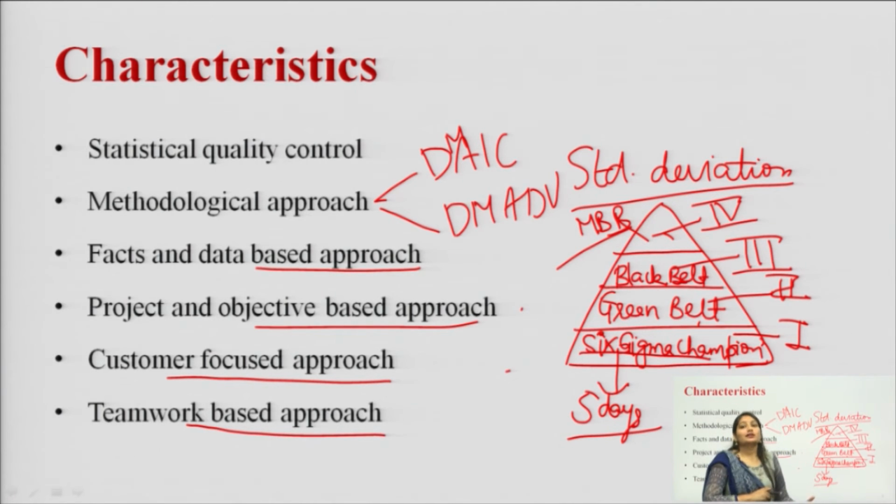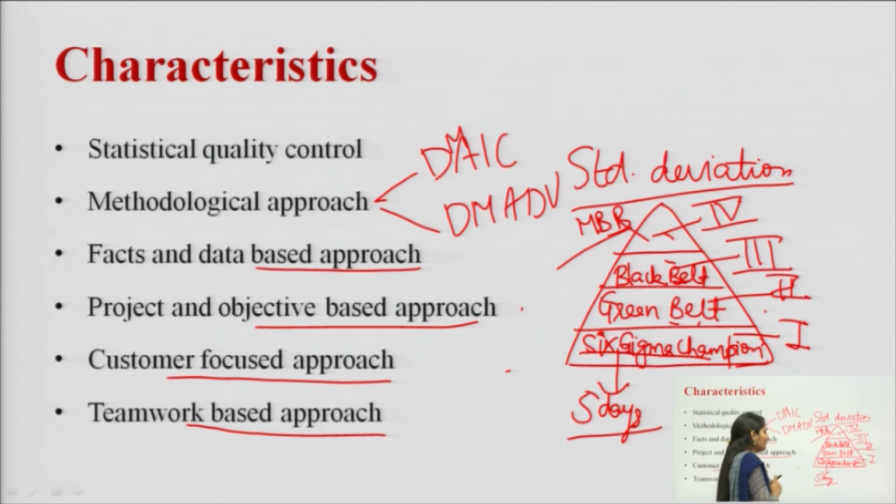So, the Six Sigma concept is a teamwork based approach. A number of personnel work in the team in the Six Sigma approach, and there are 4 levels of training provided to them: level 1, level 2, level 3 and level 4. Level 1 is Six Sigma champion, level 2 is green belt, level 3 is black belt, level 4 is master black belt.